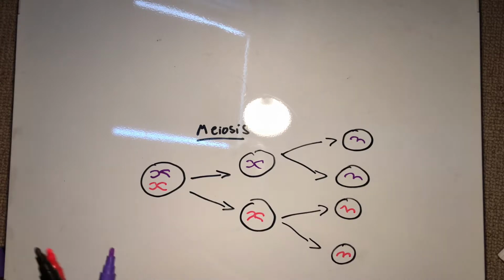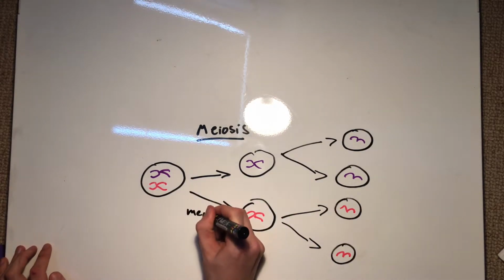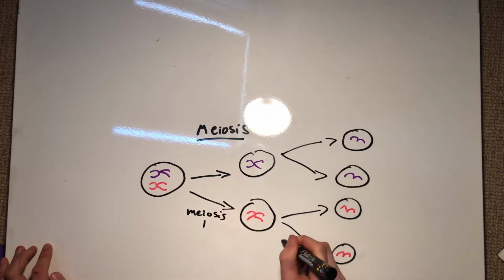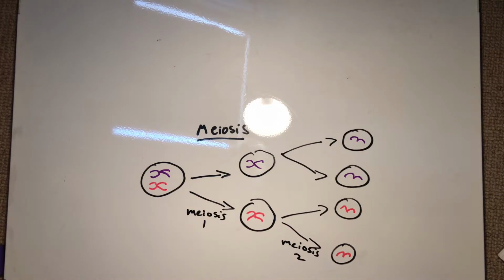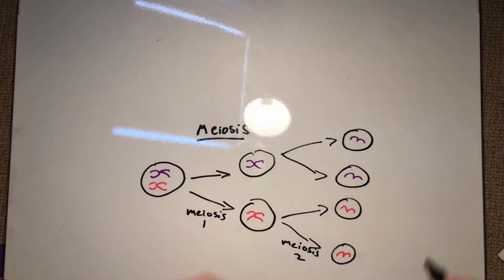That's basically how meiosis occurs. You end up with one main cell, and it splits into four haploid cells, which are sex cells, so egg cells and sperm cells. So now what can happen during this?